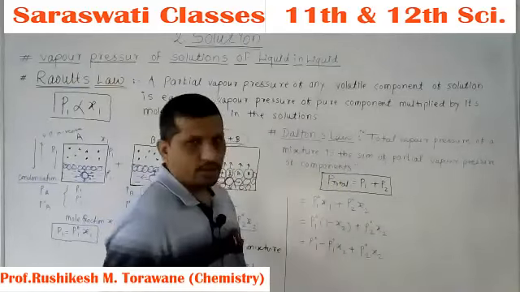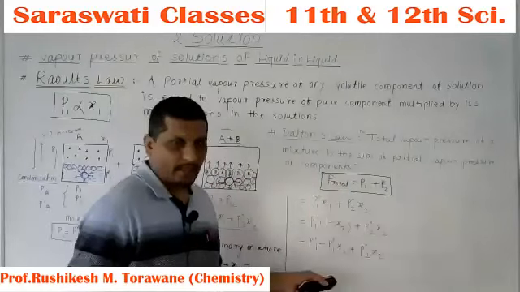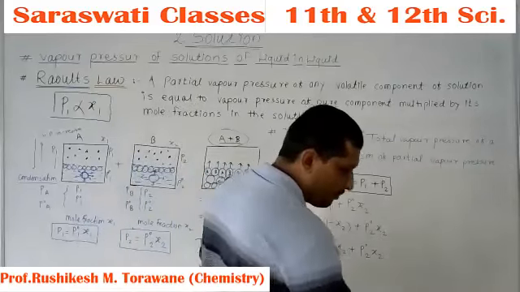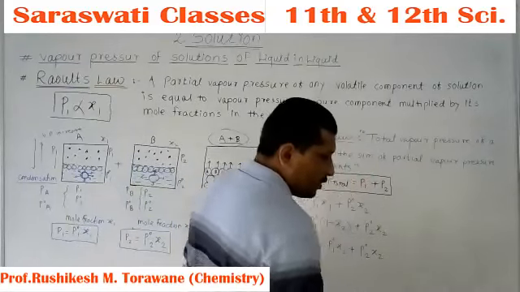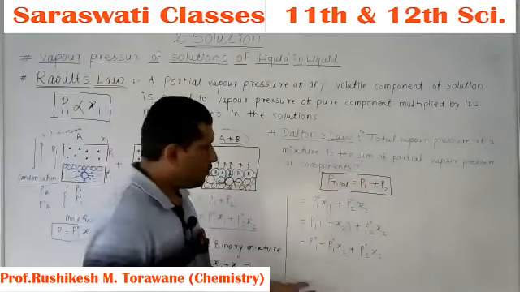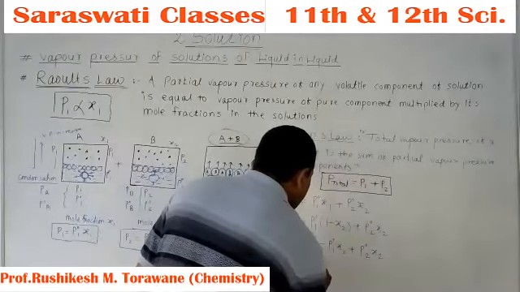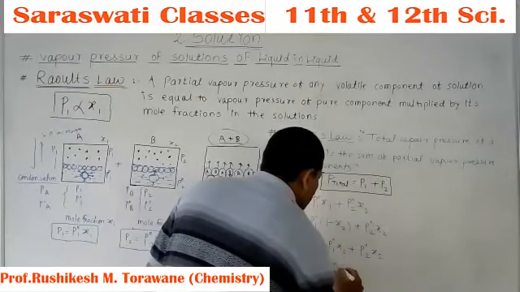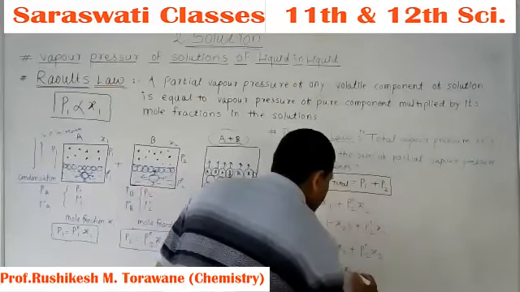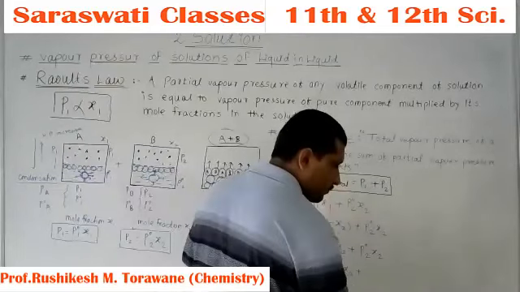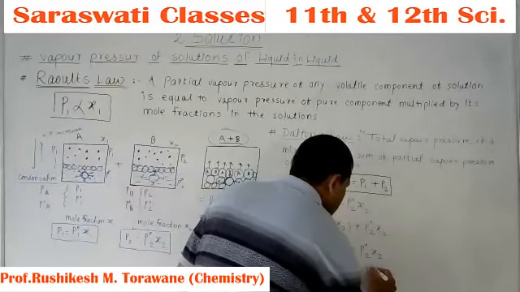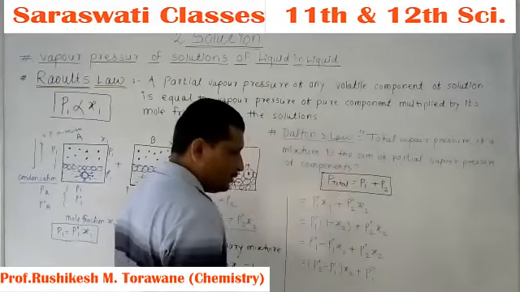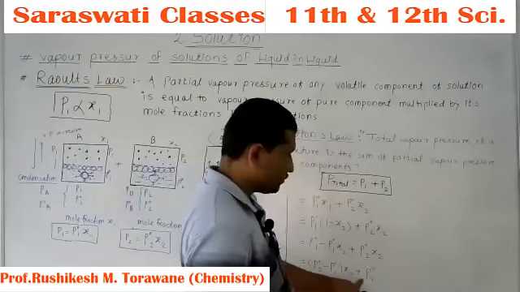Rearranging, we get (P naught 2 minus P naught 1) x2 plus P naught 1.